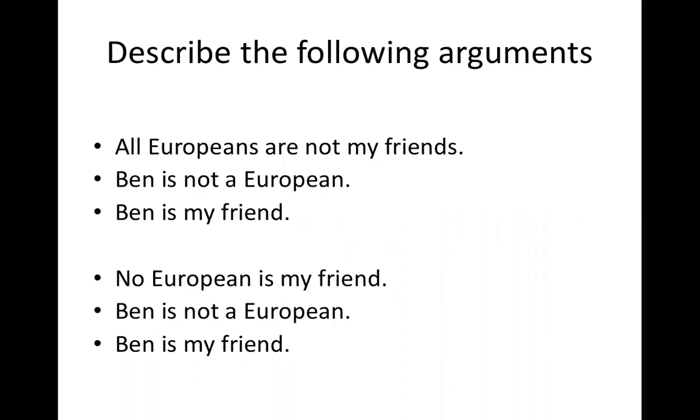Describe the following arguments. All Europeans are not my friends. Ben is not a European, therefore Ben is my friend. What kind of argument is that? Valid and sound. No, I mean, what kind of argument in terms of validity? If you want to see the argument more clearly, you can reformulate the first or the major premise.